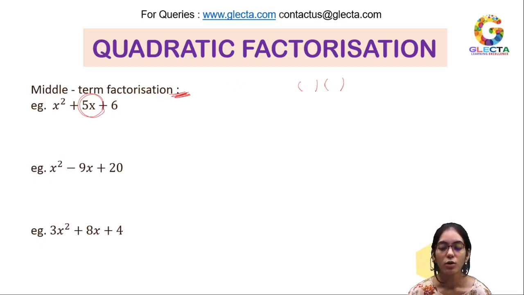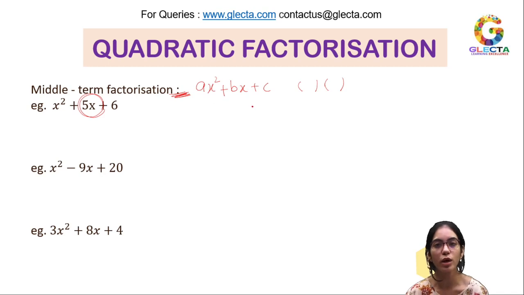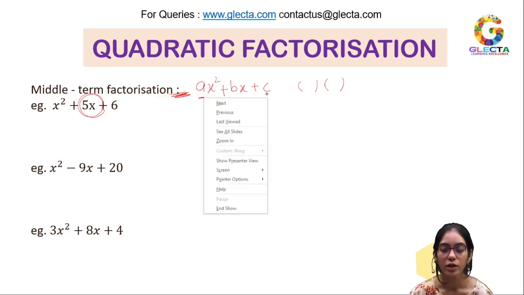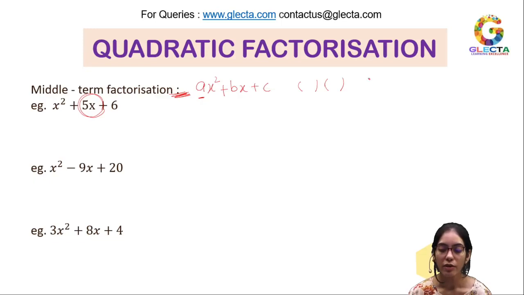Okay, now talking about the quadratic expression, let's suppose it will always be given in the form of ax square plus bx plus c. All you have to do is first multiply the coefficient of x square and the constant term. So that will be a into c, and the middle term coefficient is b.